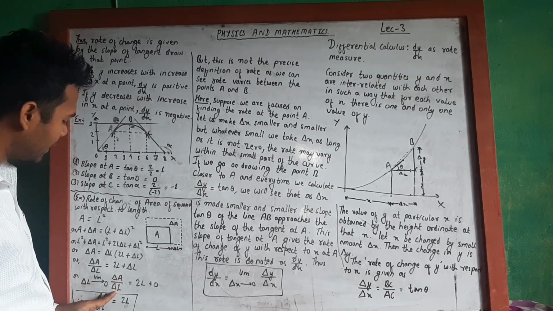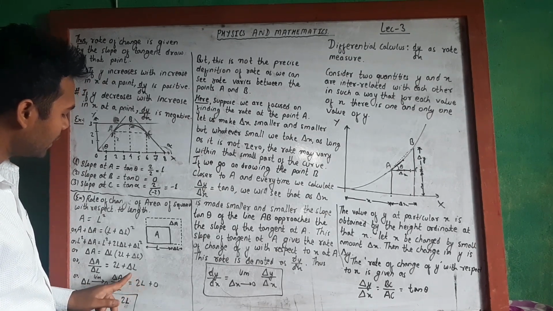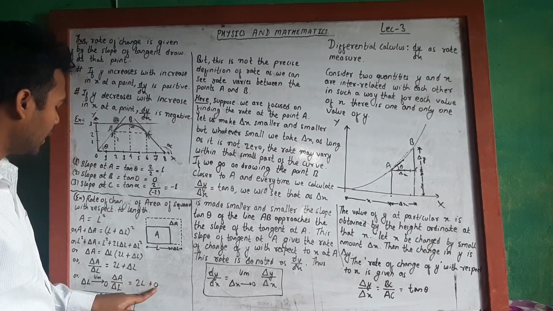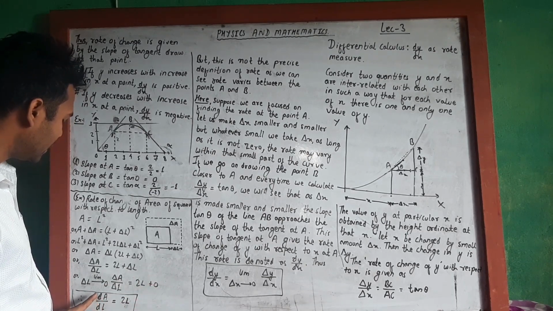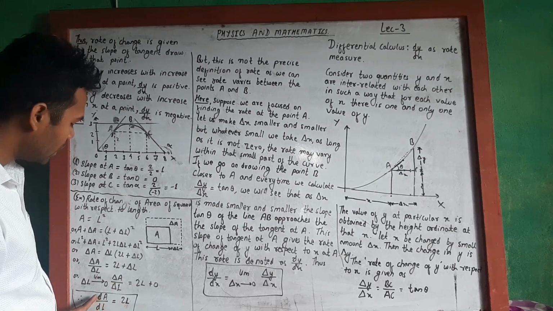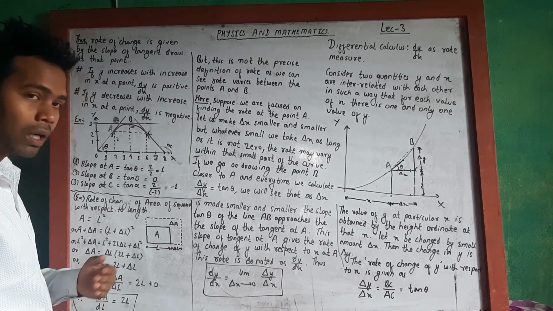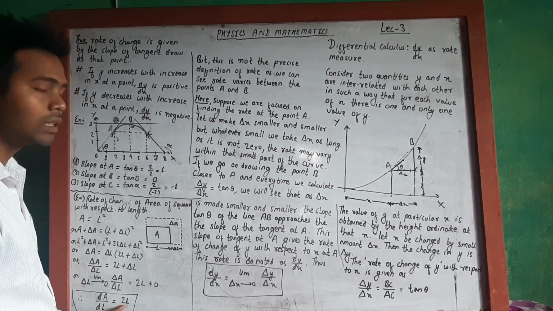Del A divided by del L is equal to 2L, as we put del L to be 0. This expression gives dA by dL is equal to 2L. This means the rate of change of A with respect to length at a particular length is given as 2L.